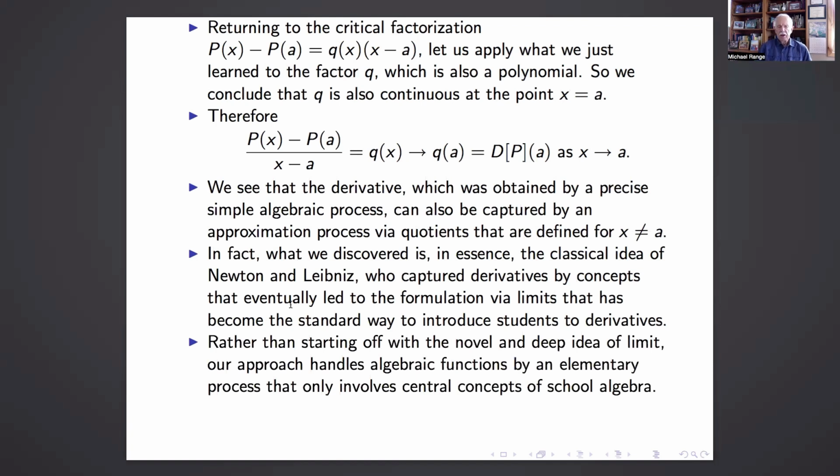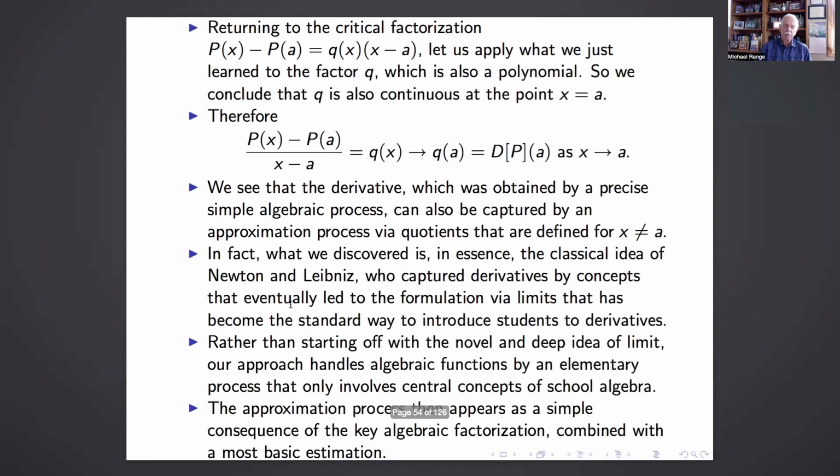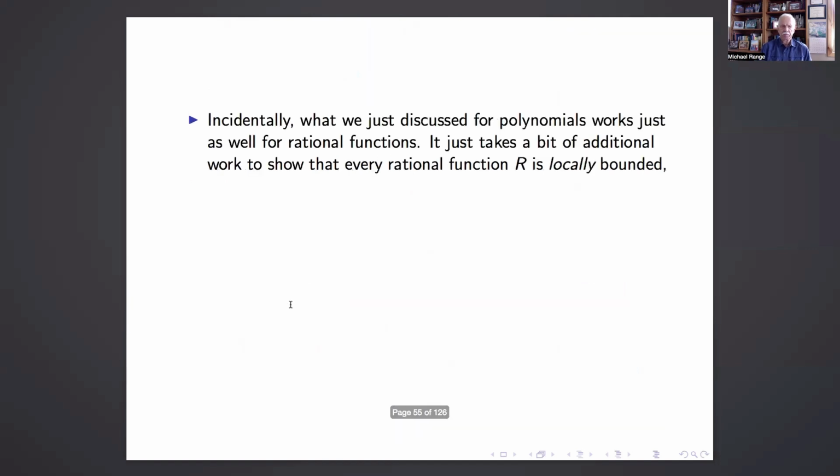But rather than starting off with a novel and deep idea of limit, our approach handles algebraic functions by an elementary process that only involves central concepts of school algebra. And the approximation process then appears as a simple consequence of the key algebraic factorization, combined with the most basic estimation.